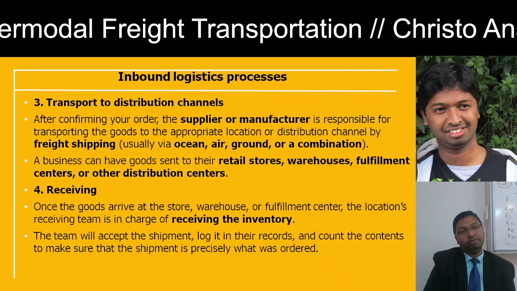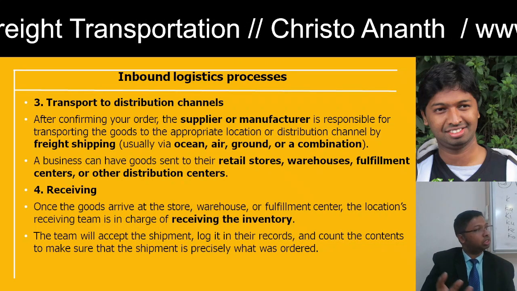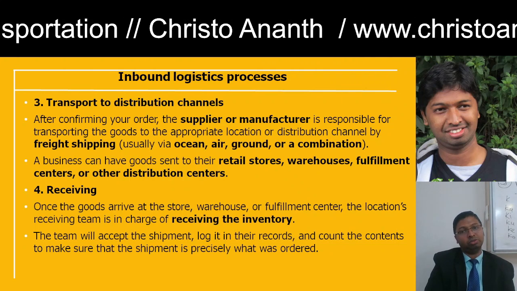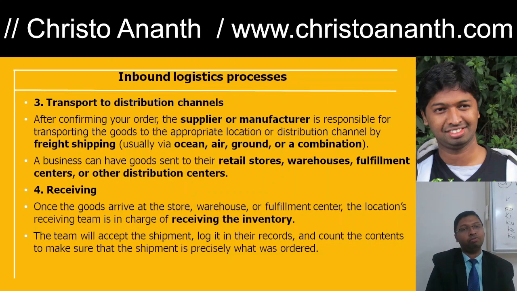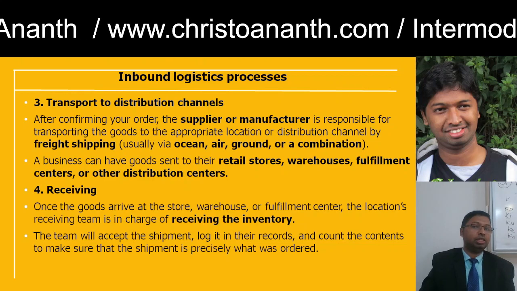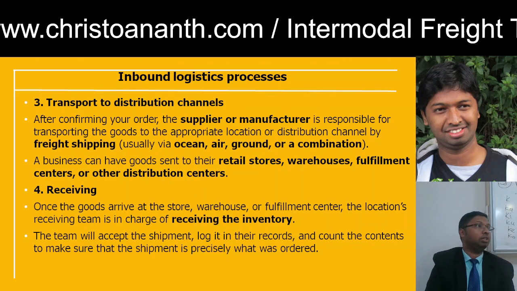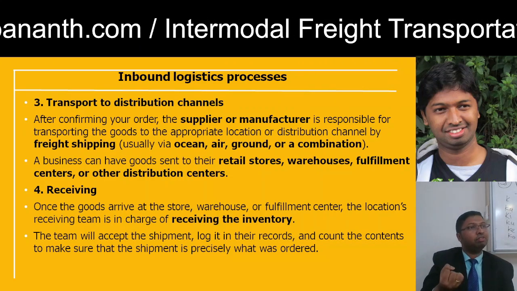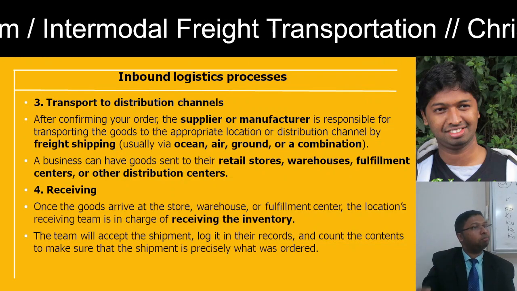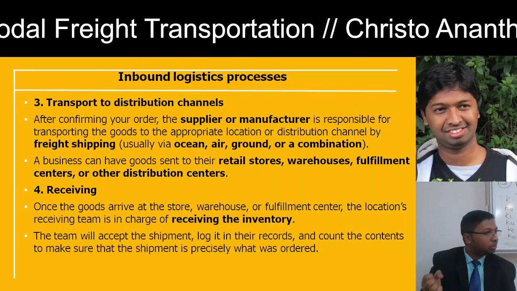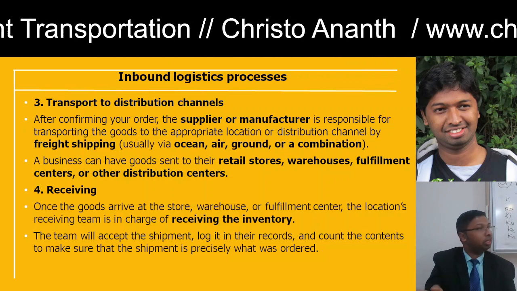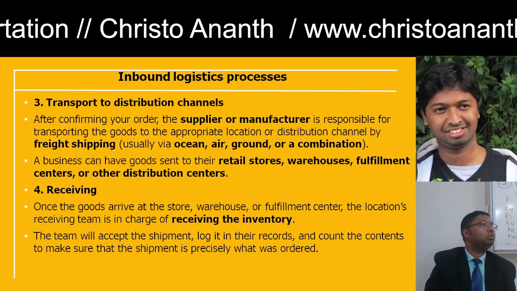The fourth step is receiving. When the goods arrive at the store, warehouse, or fulfillment center, the receiving team is in charge of receiving the inventory. That means there should be proper equipment to receive them, and the team should be accustomed to the new technologies.